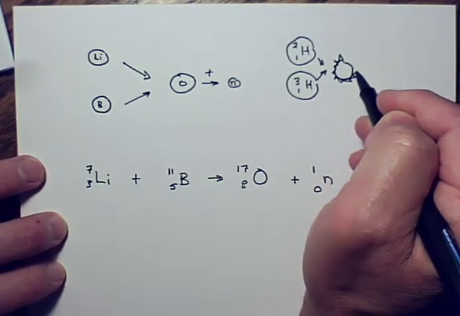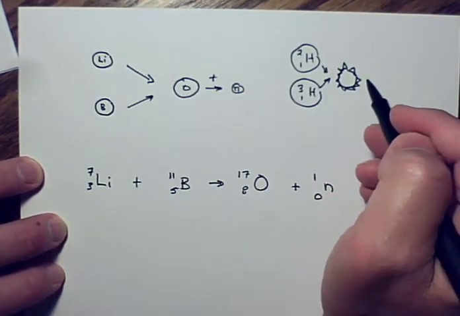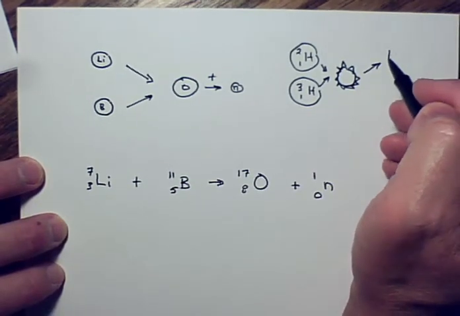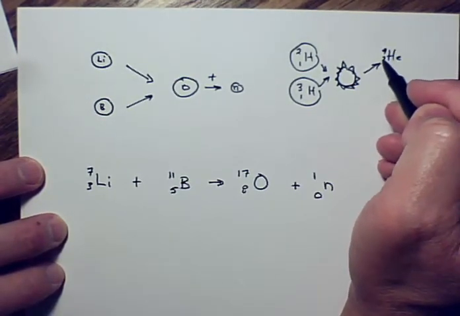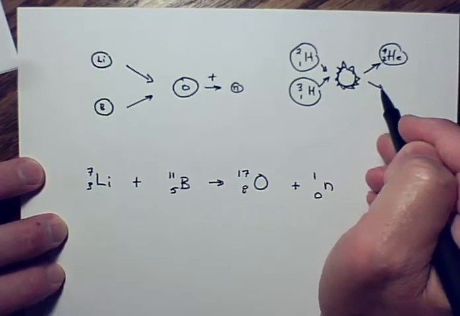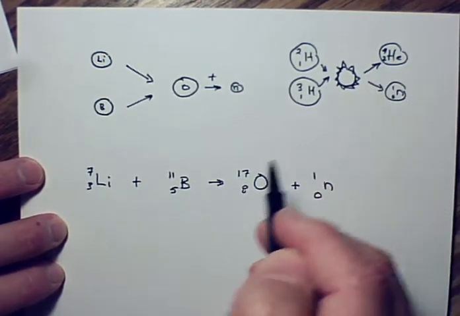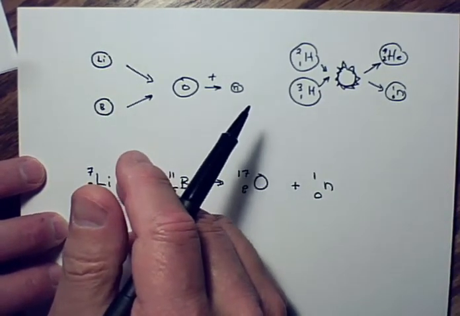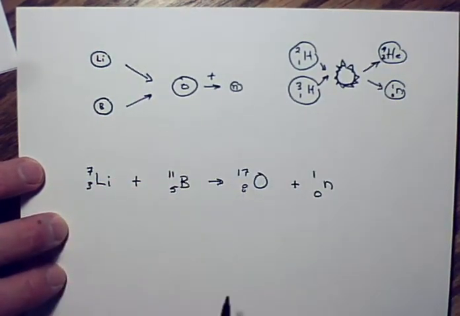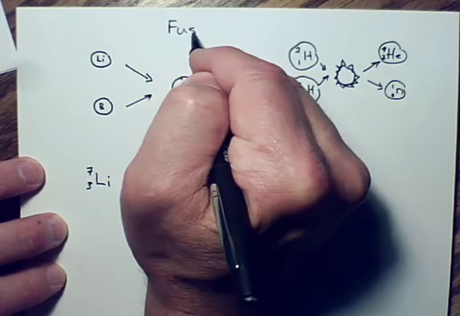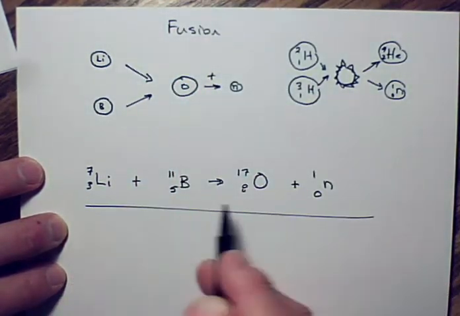Initially you get them together, but it only sticks around for the tiniest fraction of a second. And that then ends up spitting out helium, which is 4,2, but you get an extra neutron left over. And neutron, remember, is 1 and 0. That's a little bit large for a neutron because it should be smaller. So this is fusion.